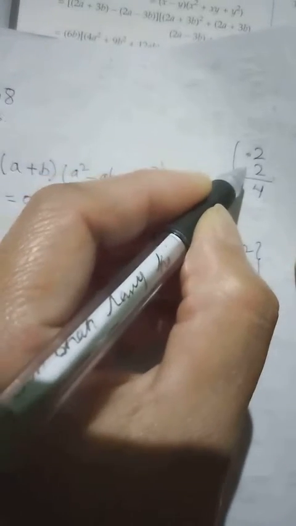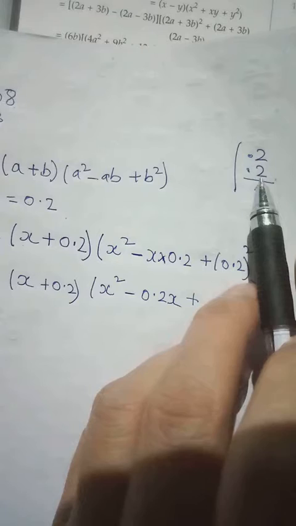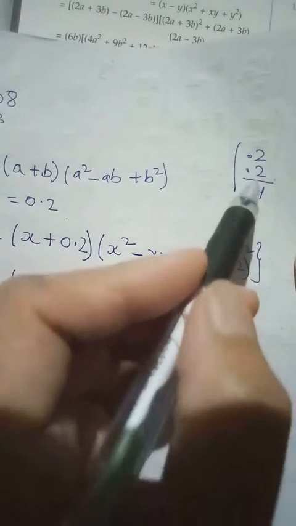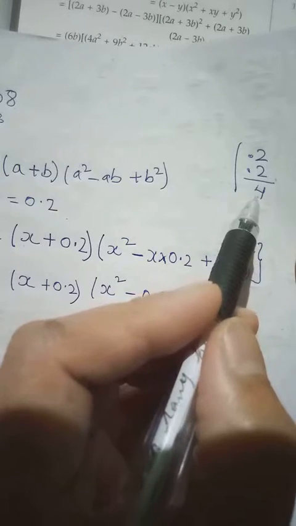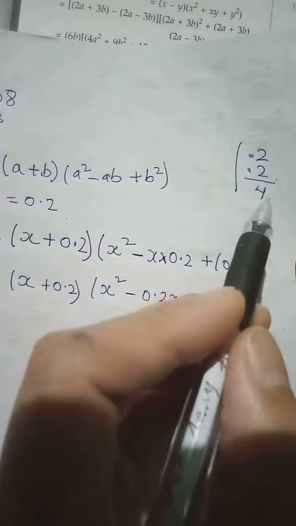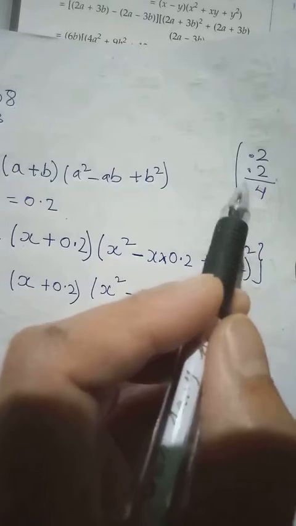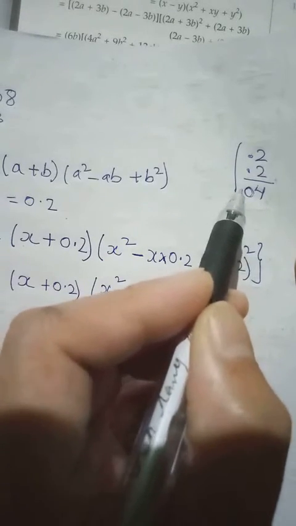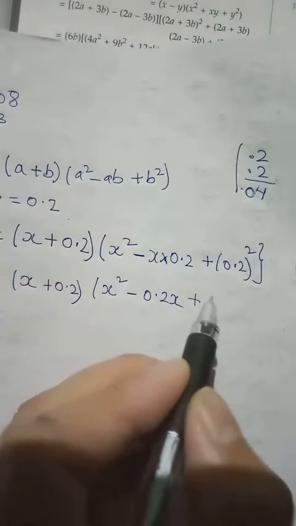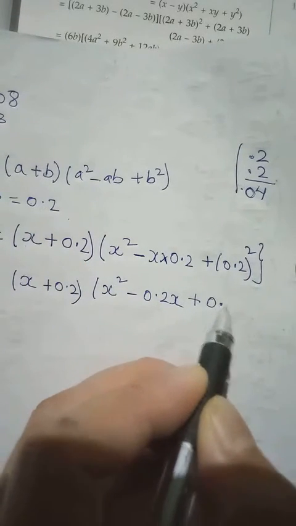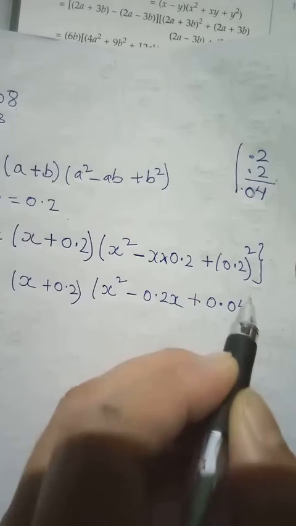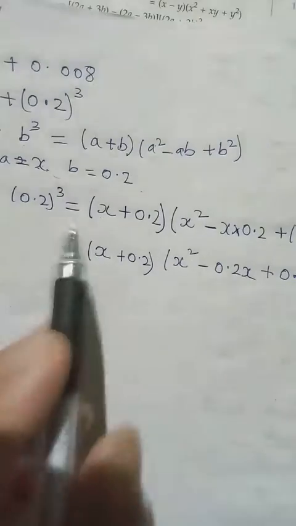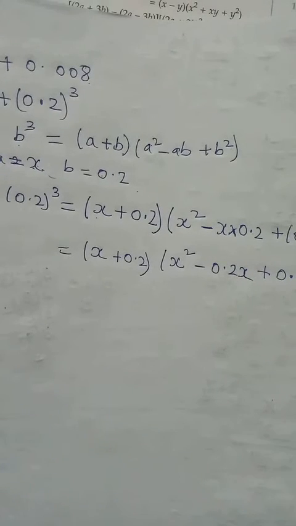But remember, we have decimal. How many numbers after decimal? Here you have 1, here you have 1. So that means 2, so decimal we have to put after 2 numbers. Here we have 1 number, we need 1 more. We don't have that number, so we fill with 0 and put decimal. So it becomes 0.04. After that, all are unlike terms. We cannot plus, we cannot minus. That is the answer.